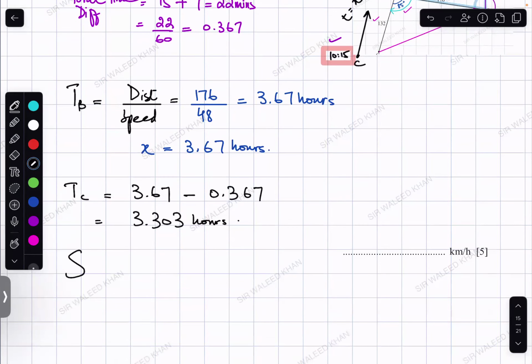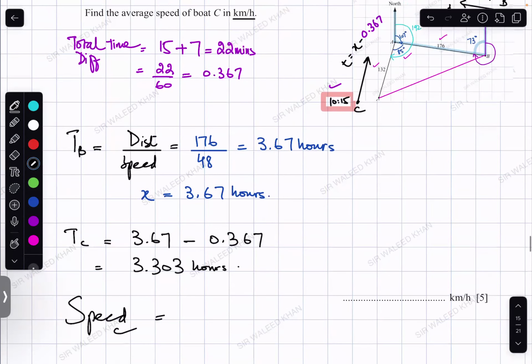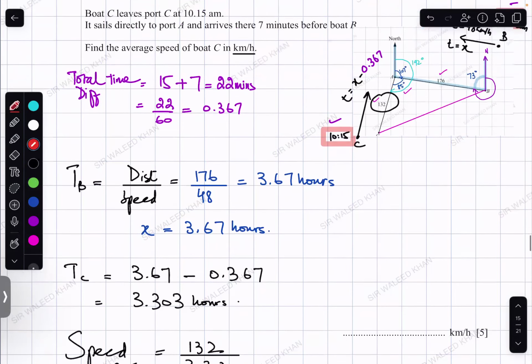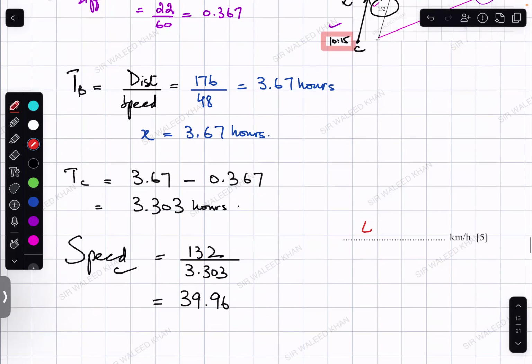And I can figure out the speed of boat C. That would be distance 132 over time 3.303. This gives us 39.96. That's your speed. So you can always round it off to three significant figures, or you can write it as 39.96.